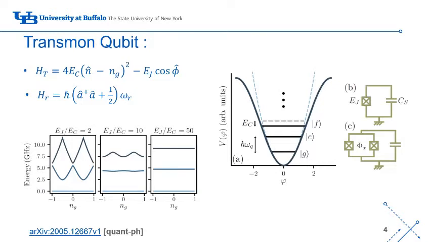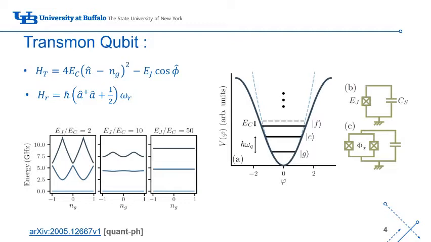A transmon qubit is basically two Josephson junctions connected with each other, and there is also a capacitance shunting it. You can see it in figure B here. The cross symbol with a box around it is our Josephson junction, and it is shunted with a capacitance.